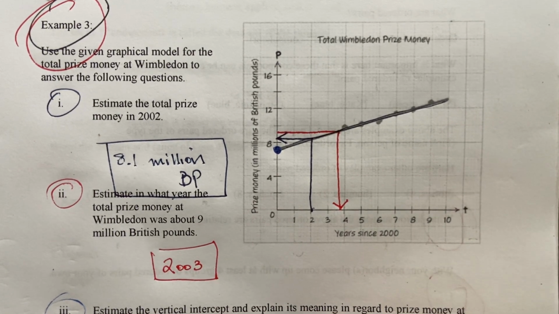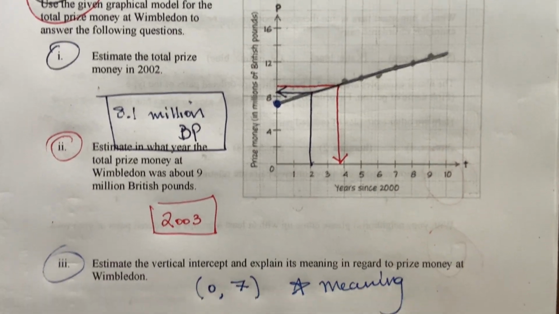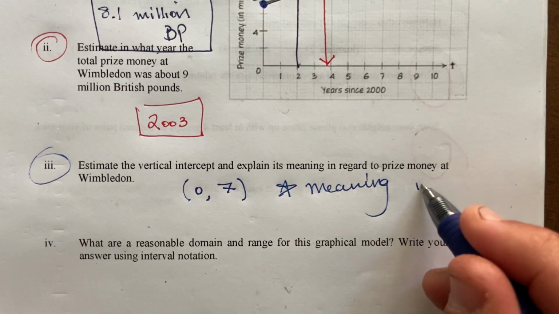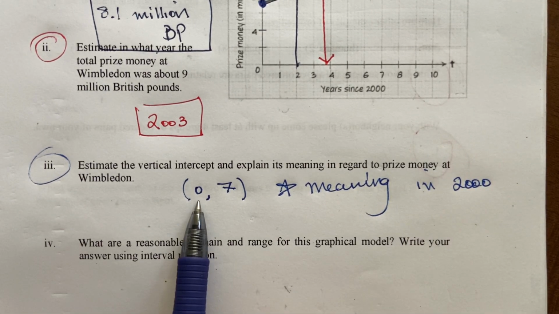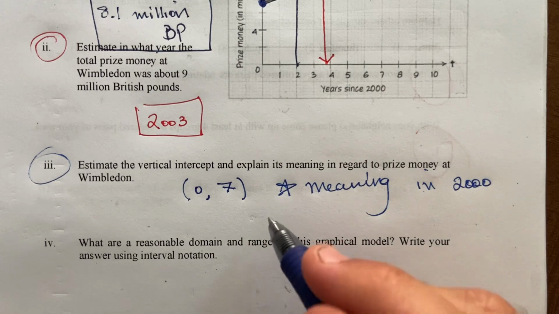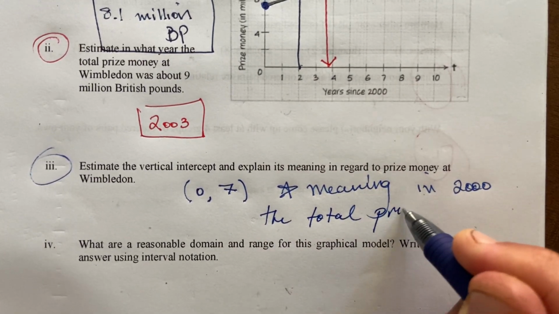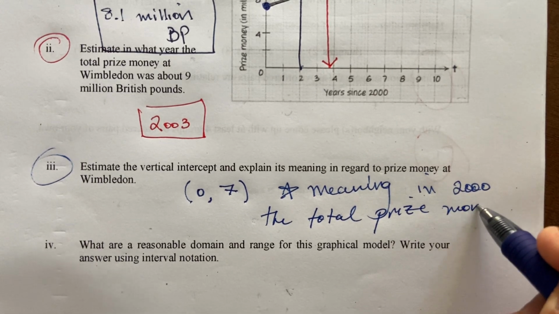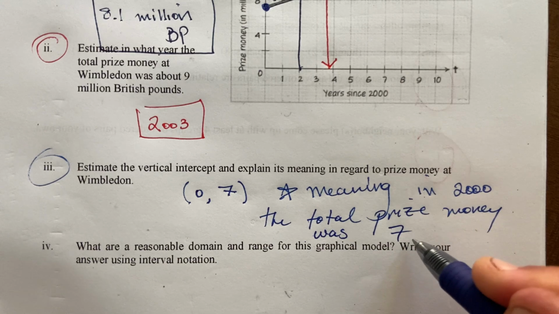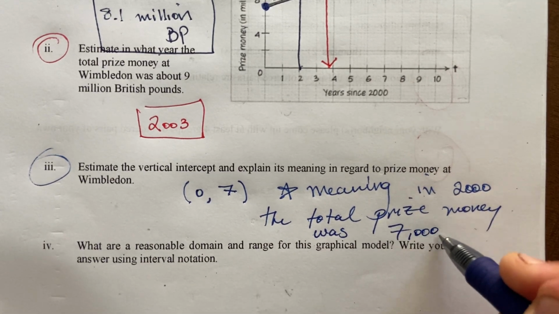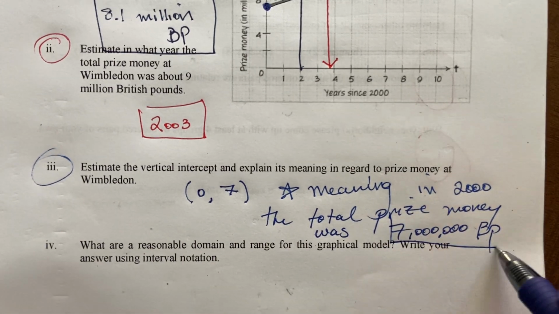So meaning in 2000, right, 0 years after 2000, the total prize money was 7 million British pounds. I'll just abbreviate it that way.